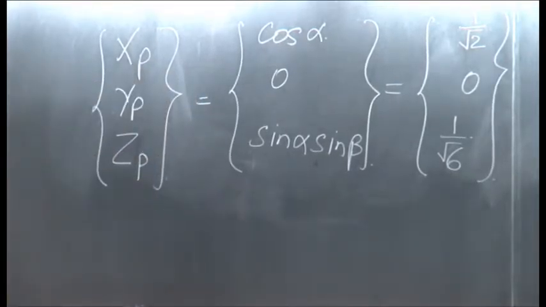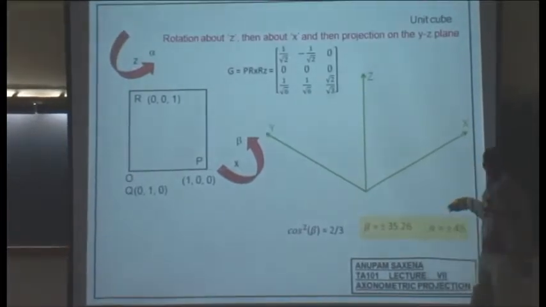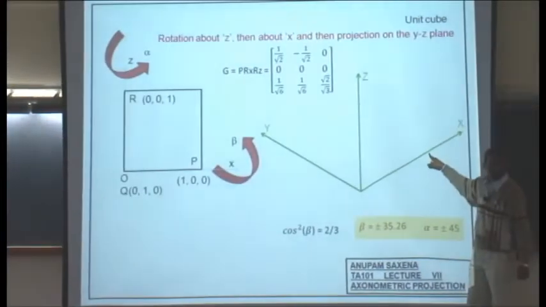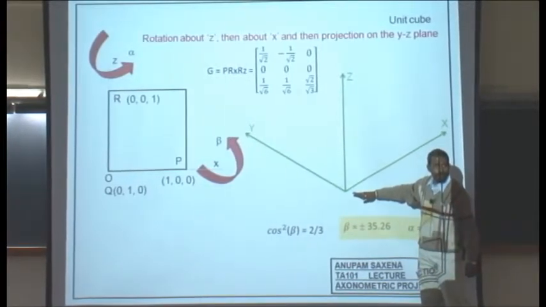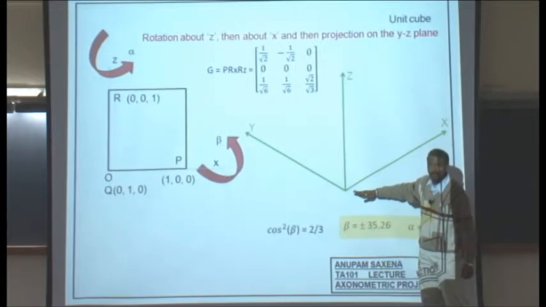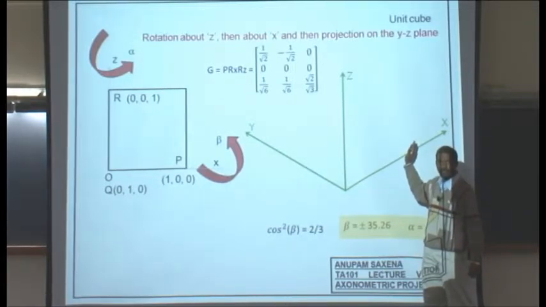So my point P will be here somewhere. Remember that this is the xz plane. The vertical plane is the xz plane. My point P will be here somewhere. What is the x coordinate of that? What is the z coordinate of that?